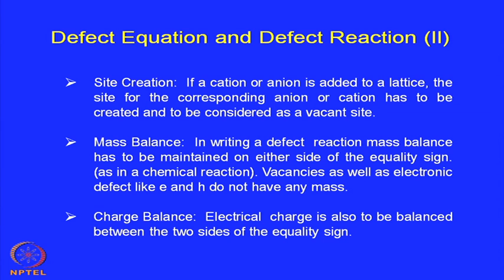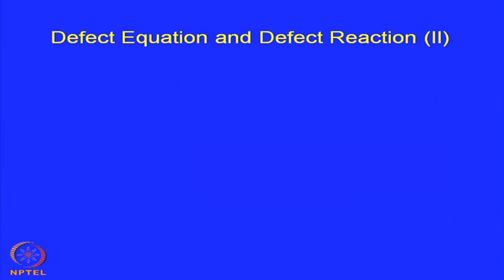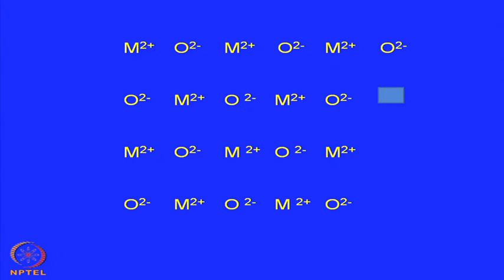So, going back to that earlier diagram, let us say initially we have this, this was the boundary of the solid. These were not there, this oxygen was not there, and from outside we have added that oxygen.